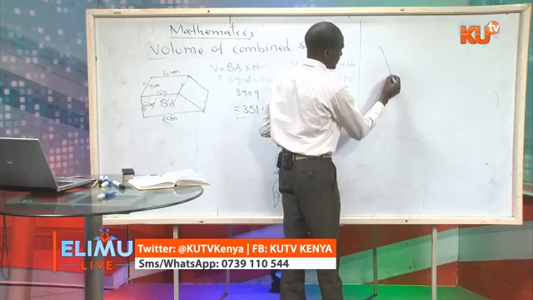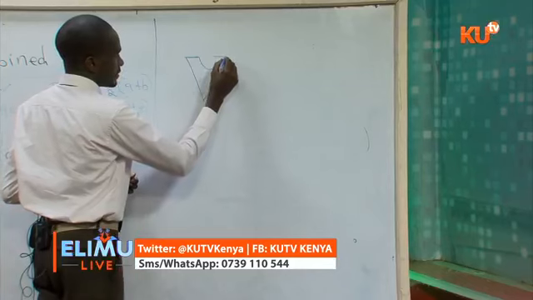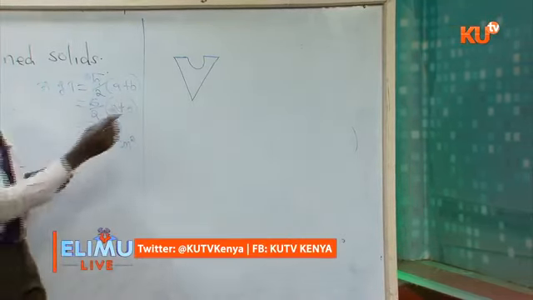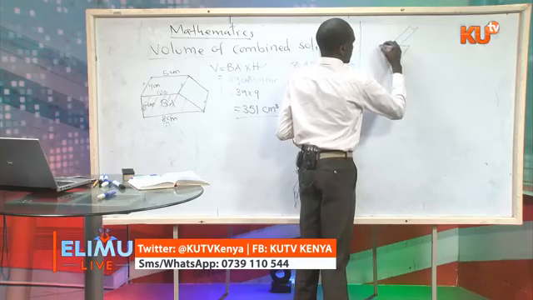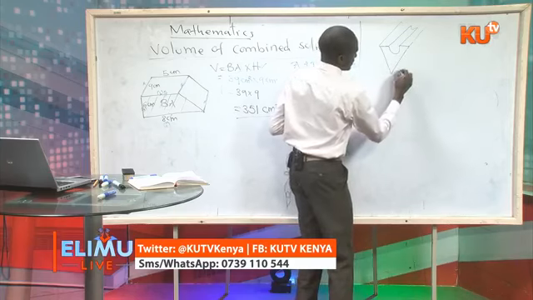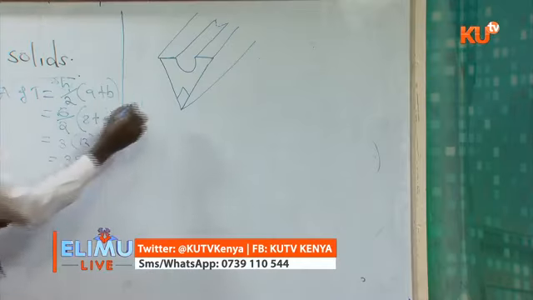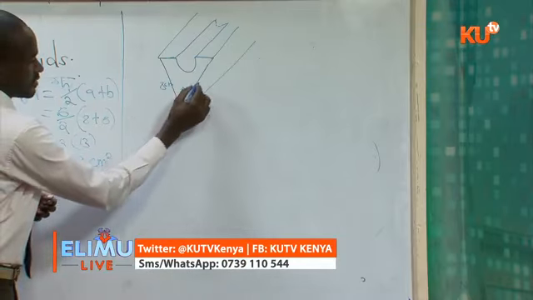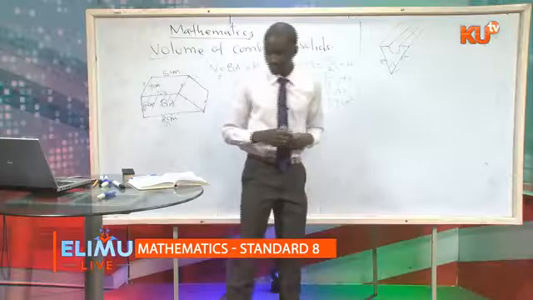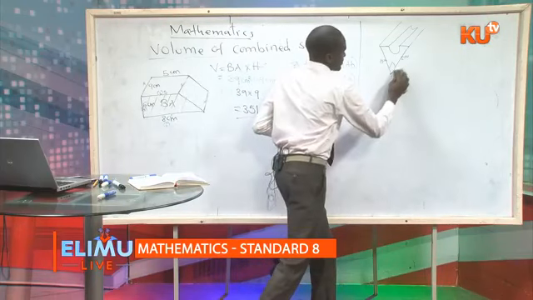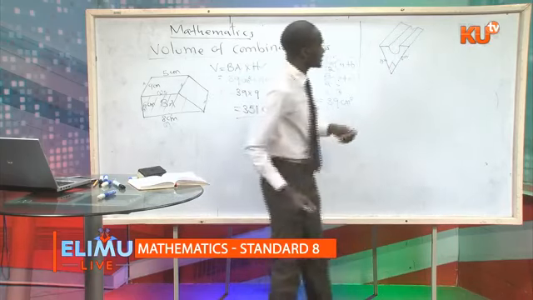Now we have this figure, this one here. Here is 90 degrees. So if this is 8 centimeter, this is 8 centimeter, then let's remove this one because without it the figure is already complete.